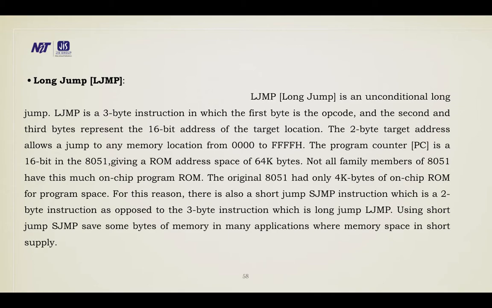The original 8051 had only 4 KB of on-chip ROM for program space. For this reason, there is also a short jump SJMP instruction, which is a 2-byte instruction as opposed to the 3-byte long jump LJMP. Using SJMP saves some bytes of memory in many applications where memory space is in short supply.